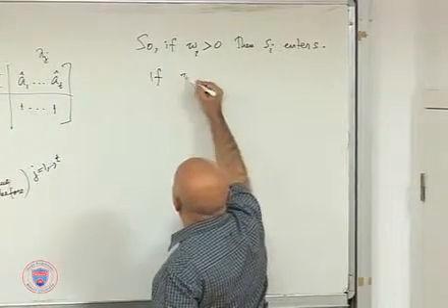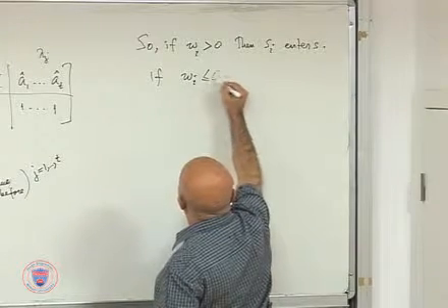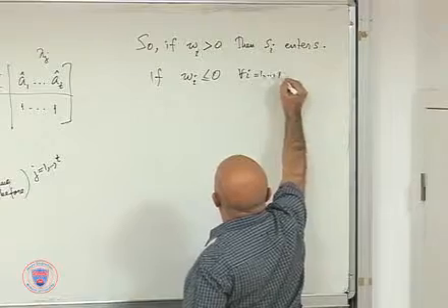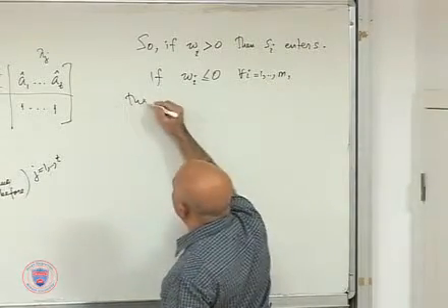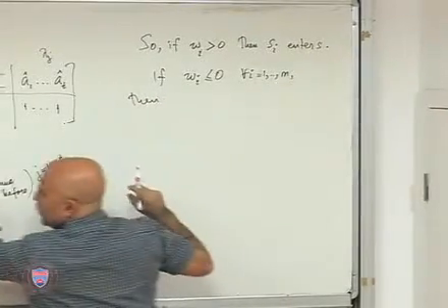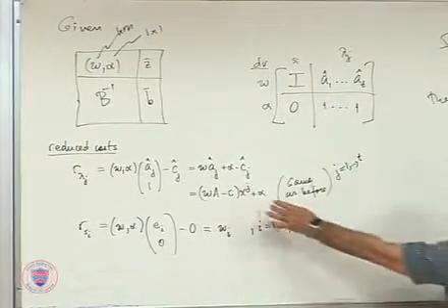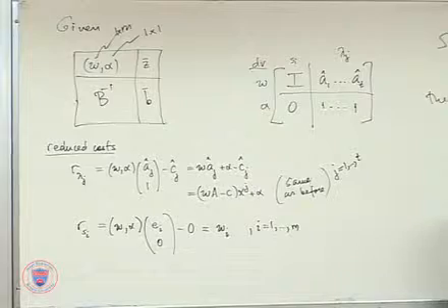If Wi is less than or equal to 0 for all i, then we still need to look for the maximum reduced cost associated with the lambdas.